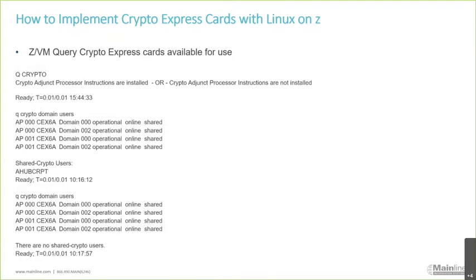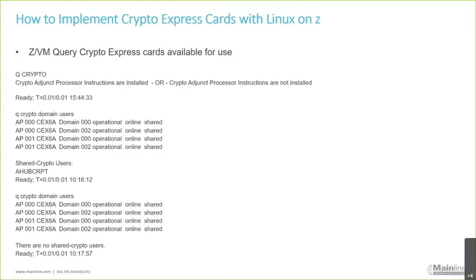From a VM standpoint, there are commands you can use to determine what your cryptographic resources are. If you do a QUERY CRYPTO, it's going to come up with one of these 2 responses, and basically the first one here is that the adjunct processor instructions are installed. That means that it sees the crypto cards, and you can go ahead and use them.